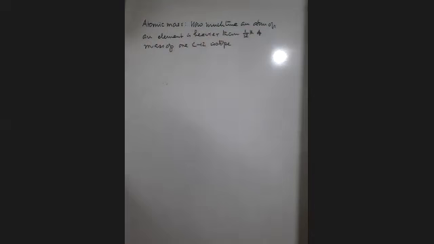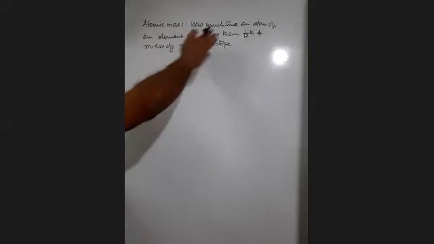Carbon 12 means the mass of that atom is 12 only. So 12 divided by 12 is 1. So this is the definition of atomic mass. And for molecular mass, instead of writing atom, we write molecule. So we write here molecule of a compound.